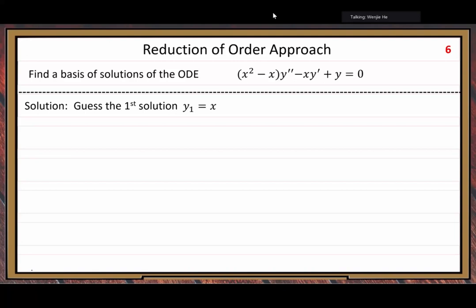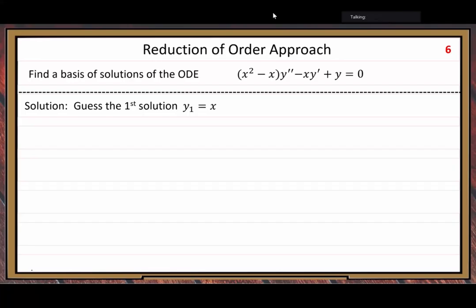Double prime, gone, right? x, you take double prime, it becomes 0. So the first term of the ODE, the highest order term, is gone. Then y prime is 1. So negative x plus x, y1, x equals 0.